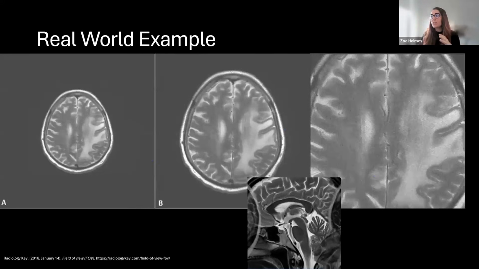When we zoom in and have a small field of view, as in this one, we haven't introduced any aliasing issues. But down here in the sagittal sequence, we can see what will typically happen if you have too small a field of view and haven't accounted for the anatomy. You're going to start introducing this wrap onto yourself, depending on which way you are phase encoding and acquiring.